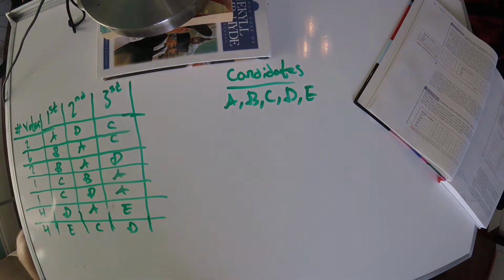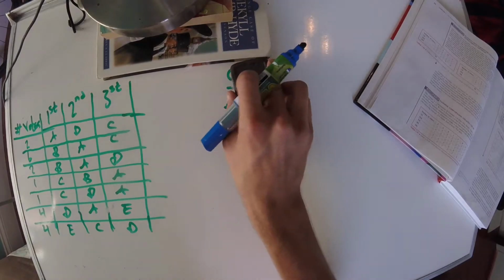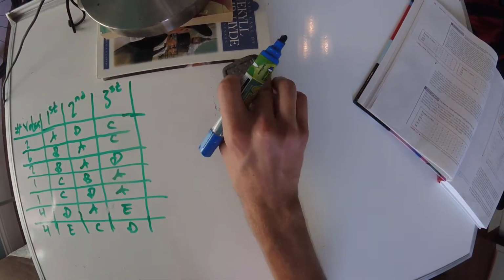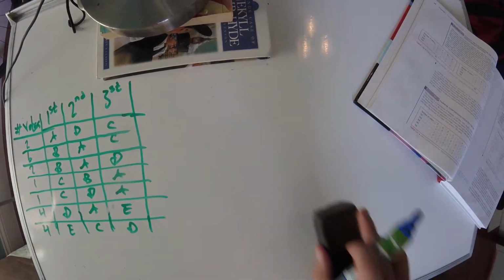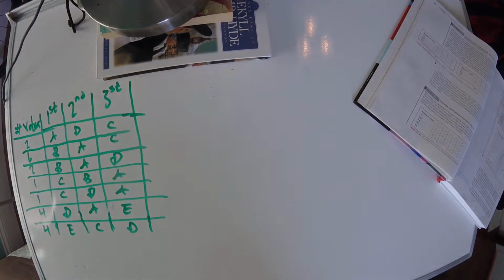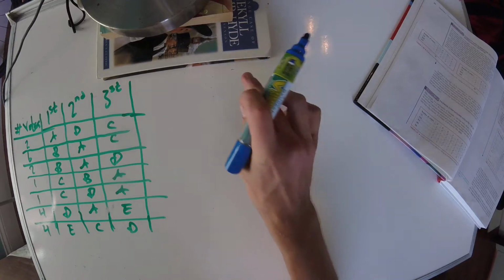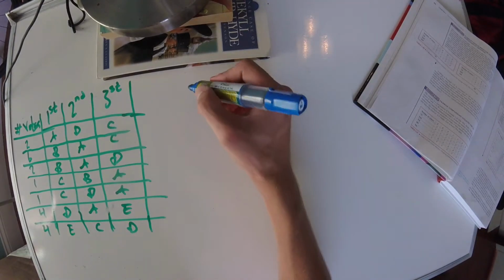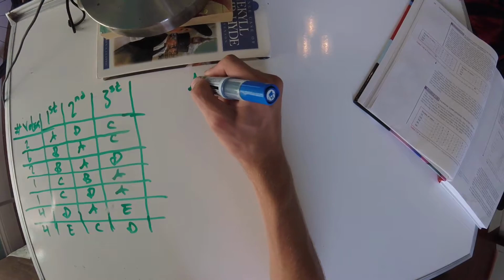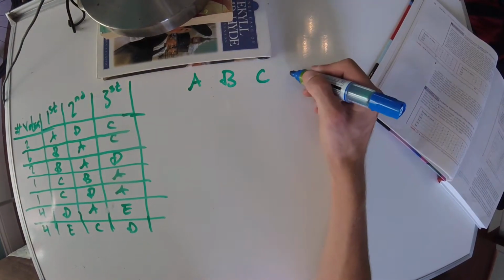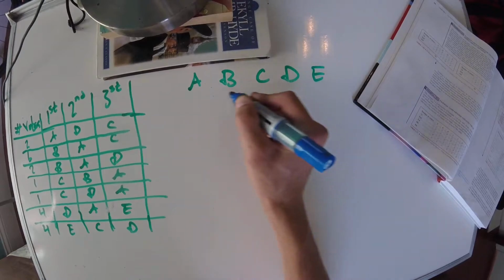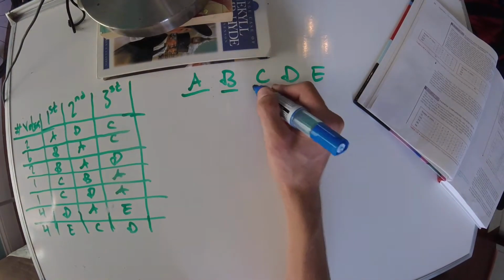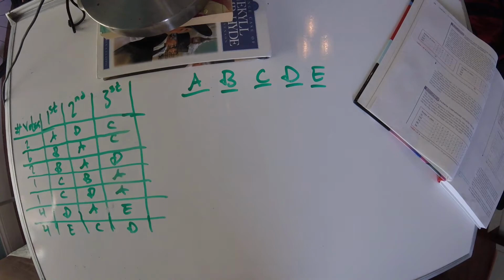Okay, so what we'll do first is write down each candidate's number of first place votes, and then start eliminating from there. So we've got our candidates A, B, C, D, E. And let's take a note of how many votes are needed for plurality.